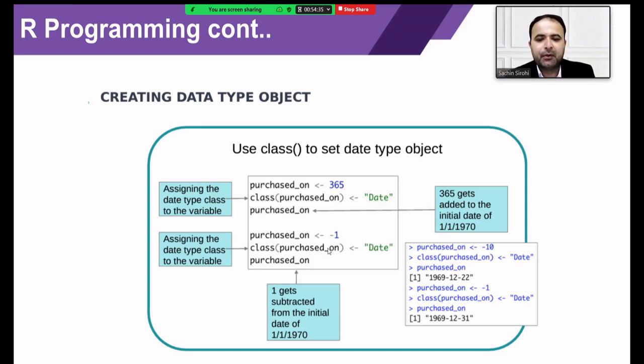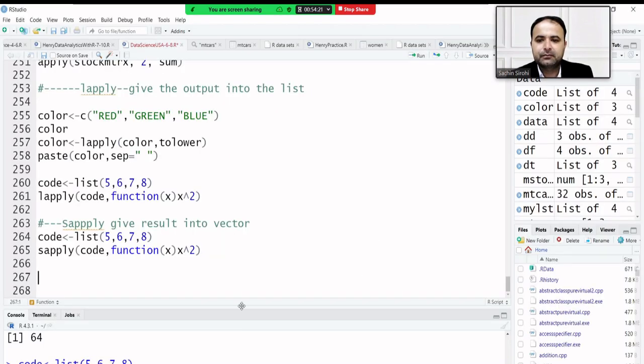And when I particularly pass a value -1 and again pass the date. So how can we apply this particular thing, like purchase_date, something like that. Date functions.